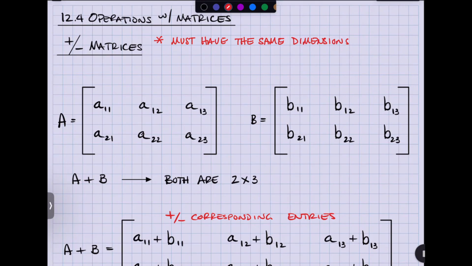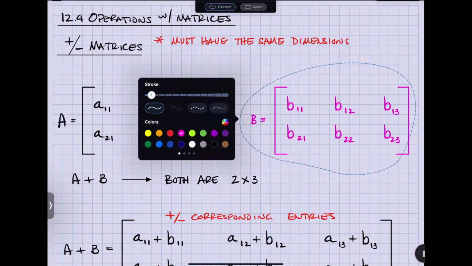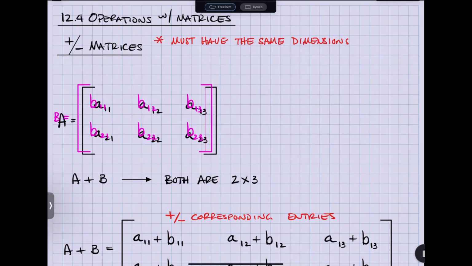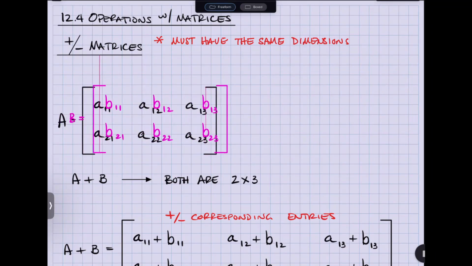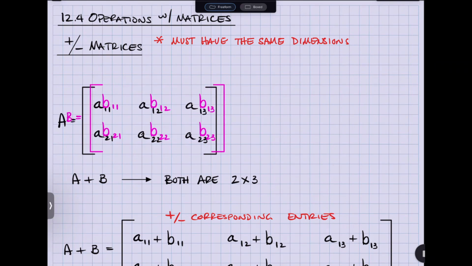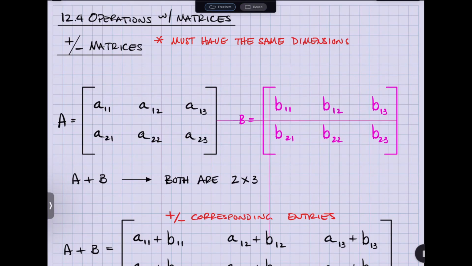That's all. So if I took this matrix B, let's make it pink, and stack it on top of A, and I was adding them, that means A11 would add with B11, A12 would add with B12, A13 would add with B13, right? Corresponding. So if I lay them on top of each other, they would just add the corresponding ones. That's it.